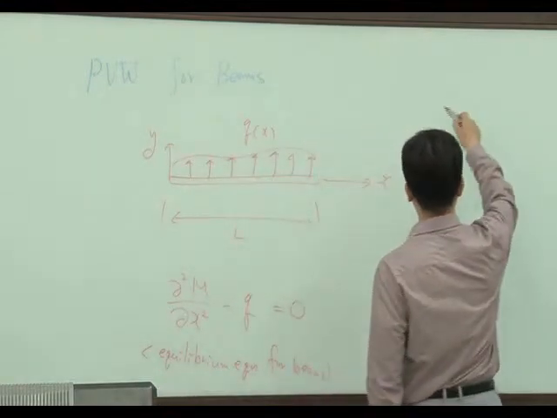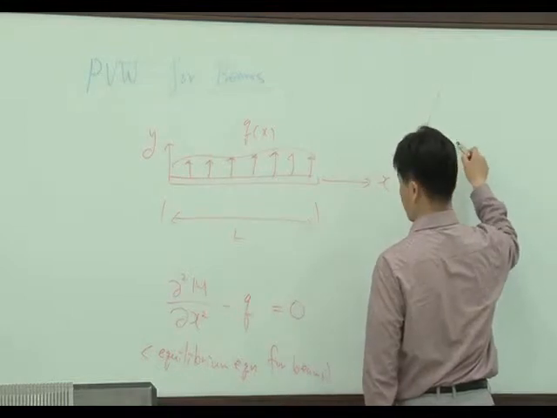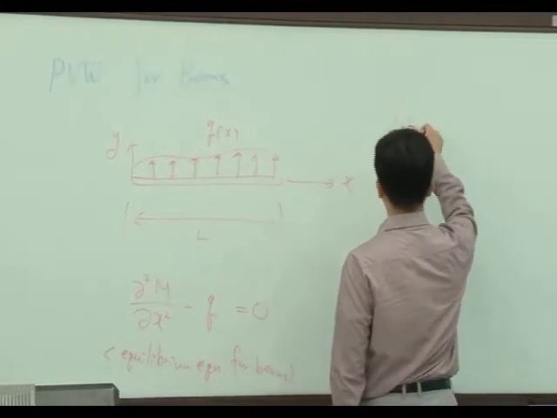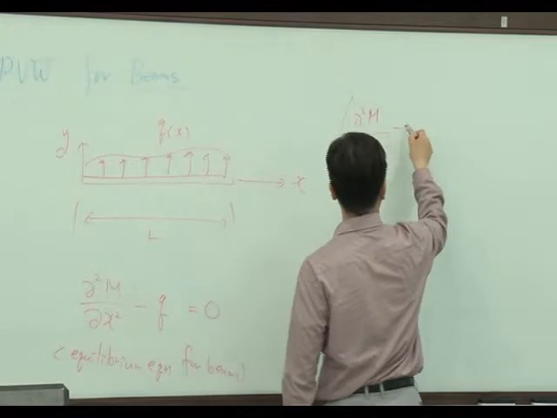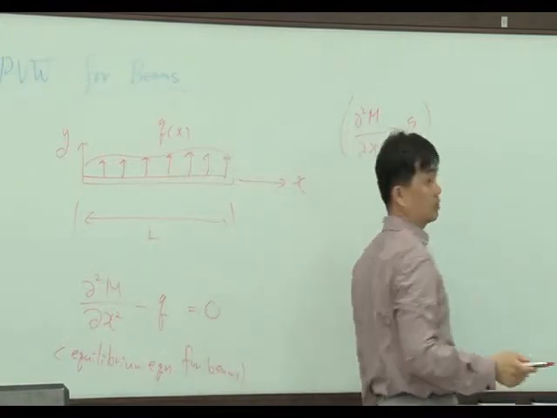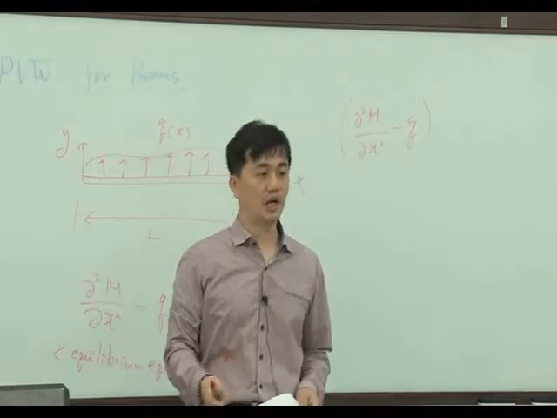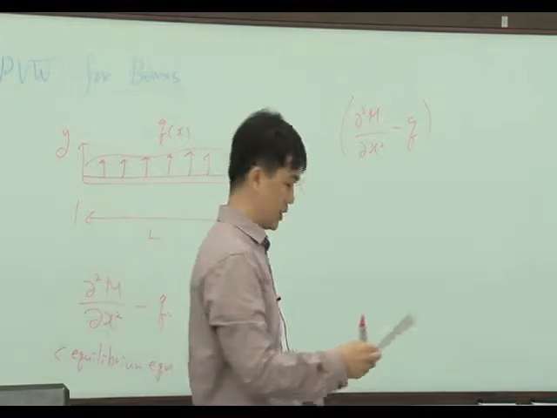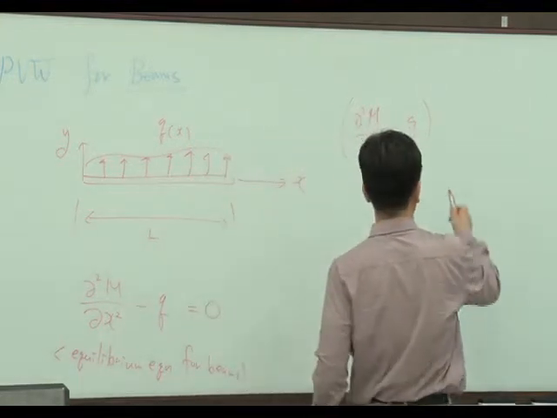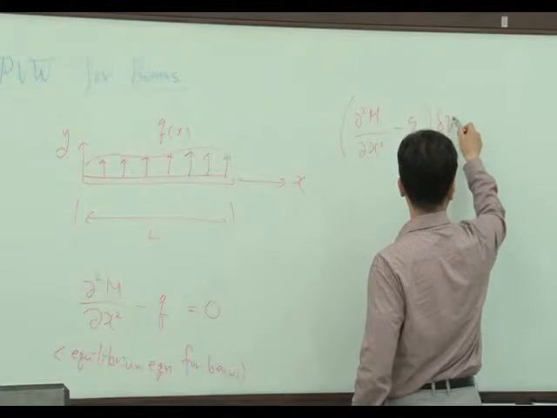So the starting point to derive the principle of virtual work for beam is this equilibrium equation. In this equation, m'' minus q is 0. We multiply by the virtual displacement v.